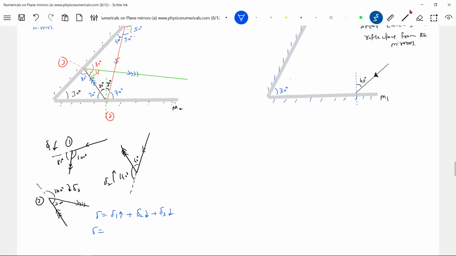Delta 1 will be 80 degrees anti-clockwise, delta 2 clockwise, delta 3 will be clockwise.